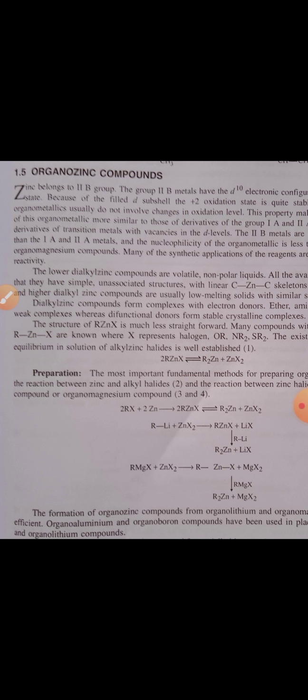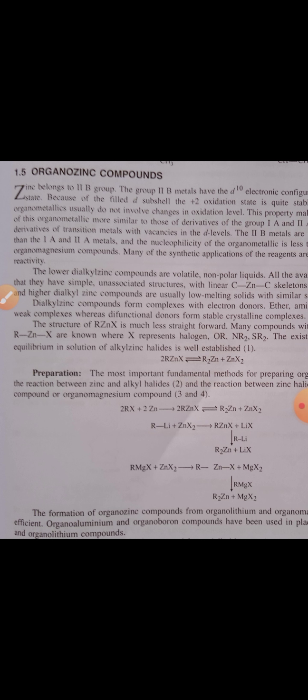In this preparation you can see that the dialkyl zinc, that is organozinc compounds, are prepared by the reaction of alkyl halide and zinc. If an excess amount of alkyl halide is reacted with zinc, you can get RZnX, alkyl zinc halide.